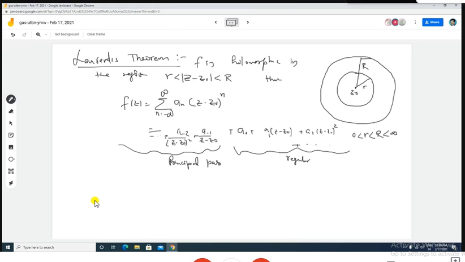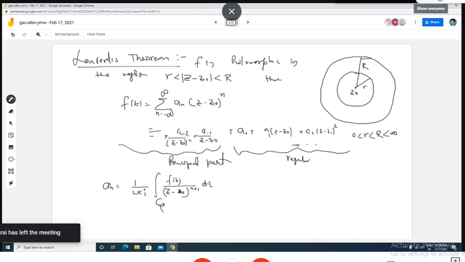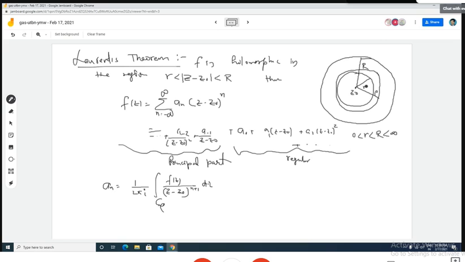And here the coefficient, just like in Taylor series expansion, you have written this a_n equal to, so what was your a_n? This a_n is equal to 1/(2 pi i) times the integral of f(z) upon (z minus z0) to the power n plus 1 dz along a circle centered at the point z0 and radius rho, where rho is greater than r and less than capital R. So in this way you can get this Laurent series expansion.